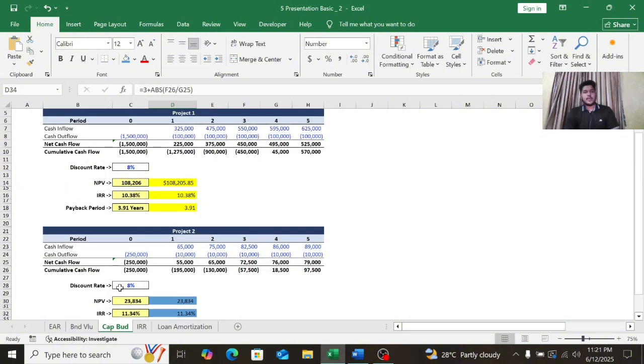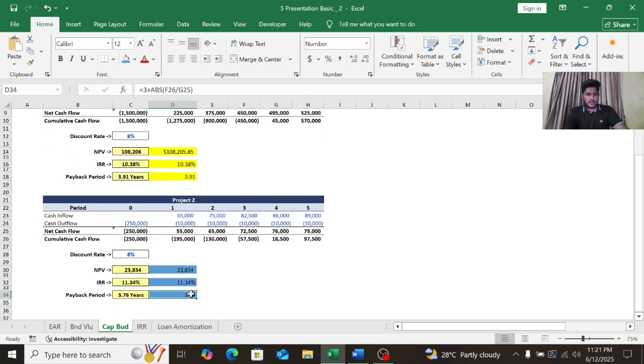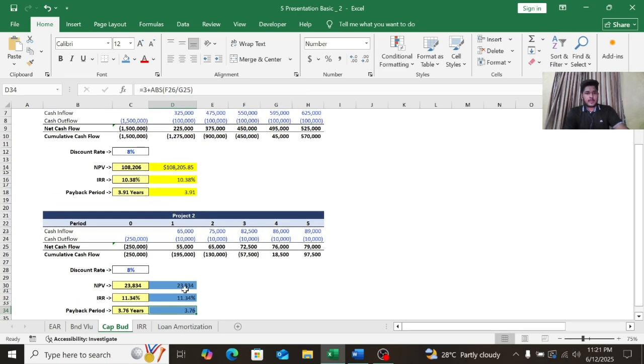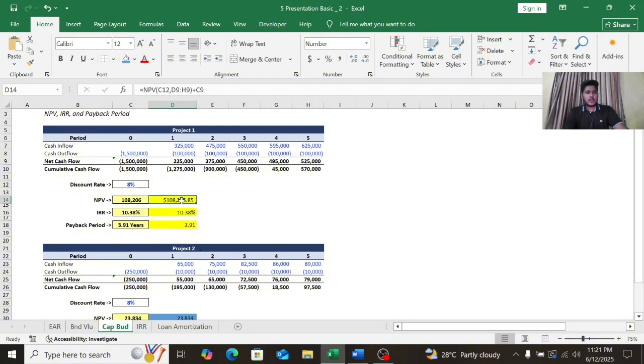We can see that our internal rate of return is higher in project B, and the payback period is also less in project B. So we are going to take project B, as it is more beneficial to us.